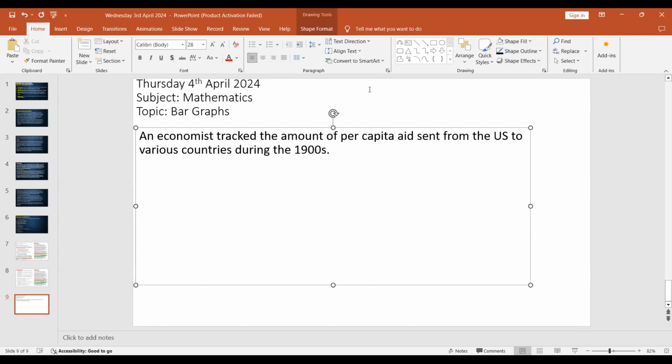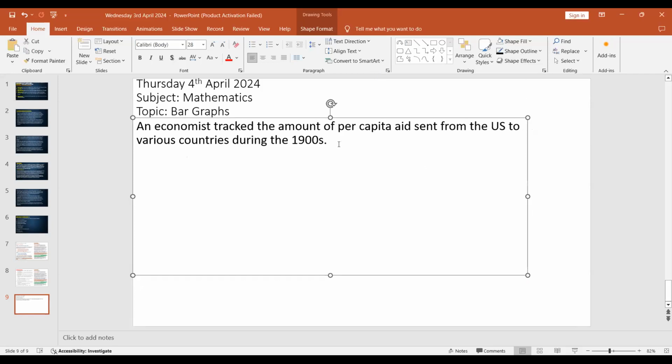And so this table that I'm going to show you demonstrates how much aid the United States of America sent in terms of money to different countries in the 1900s, okay? So that's what this chart is going to show you.